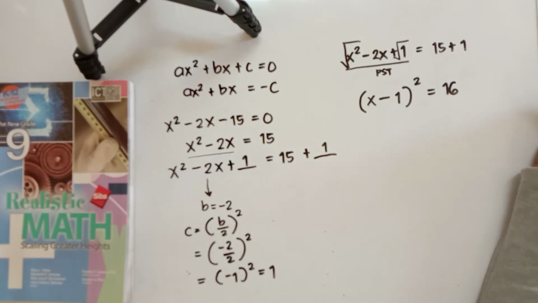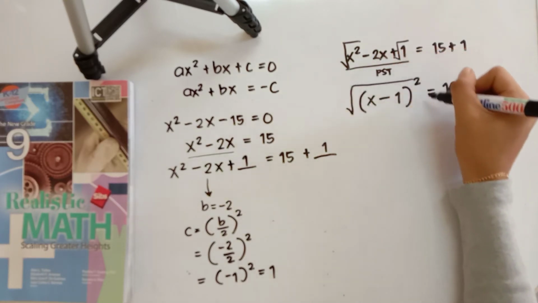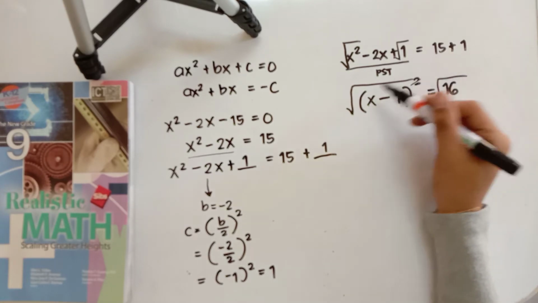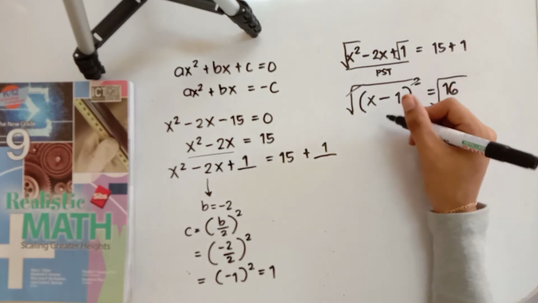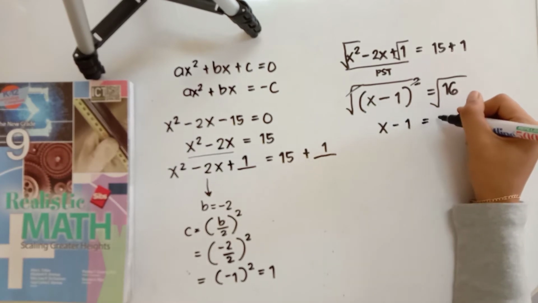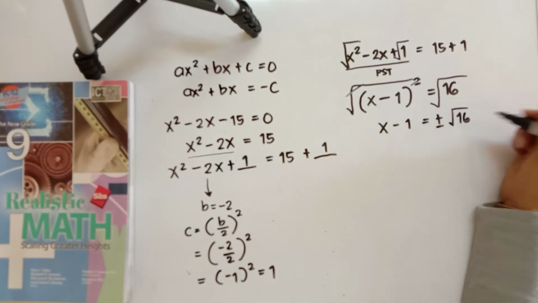Our goal is to find the value of x. In order to find x, extract the square root of both sides. Cancel the exponent 2 and the radical sign. What remains is x minus 1 is equal to plus or minus the square root of 16.